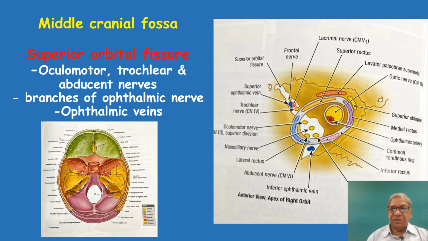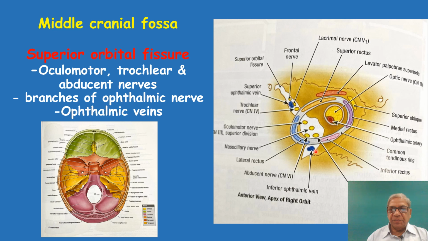Besides this, the three branches of the ophthalmic nerve also pass. These three branches are the frontal nerve, the lacrimal nerve and the nasociliary nerve. These are three branches of the ophthalmic nerve, which is the branch from the trigeminal nerve, the fifth cranial nerve. You should also say that besides this, it also gives passage to two different veins called the superior and inferior ophthalmic veins.